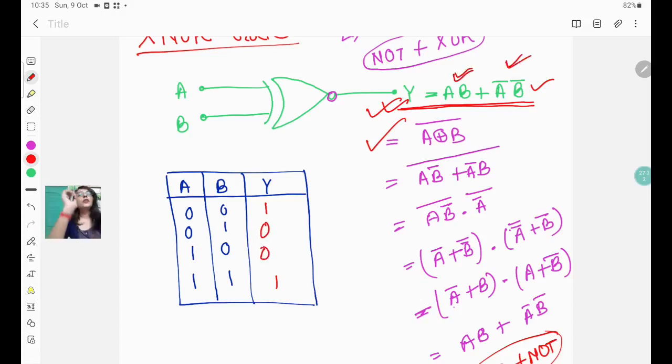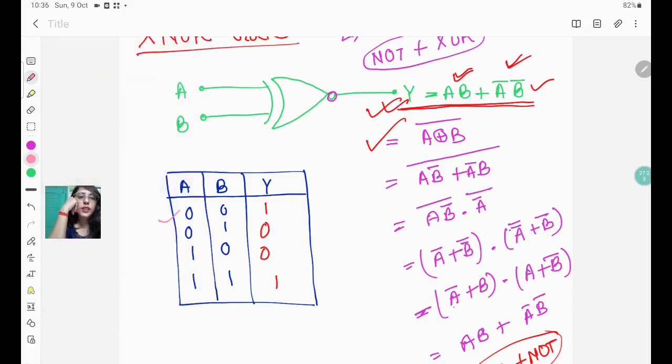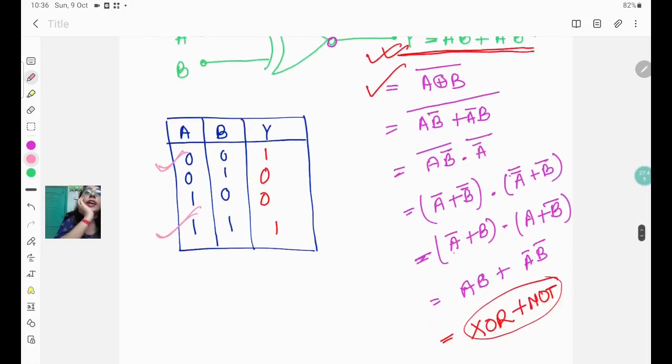So it is a 0. From here you can find that only if both the inputs are equal, in that scenario the output will be 1. Otherwise, if the two inputs are unequal, the output will be 0. So this kind of gate is called the equality detector.